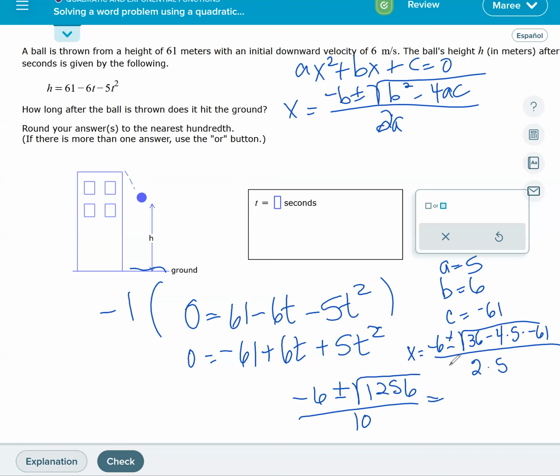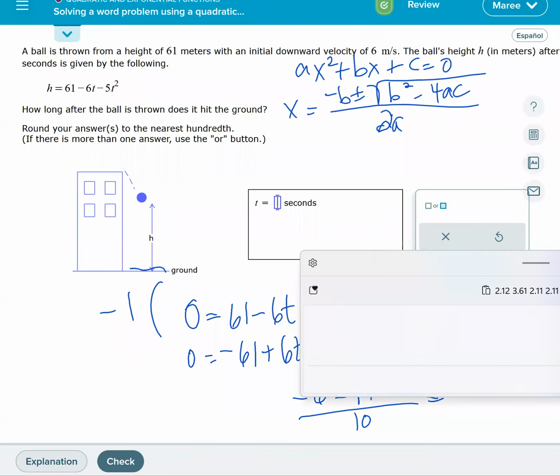If you do alpha y equals number 1, I'm using a TI-84 Plus calculator. I can type in the top of the fraction, -6 plus the square root of 1,256, and I divide that by 10, and I get a positive 2.94. So that's one of my answers, 2.94.